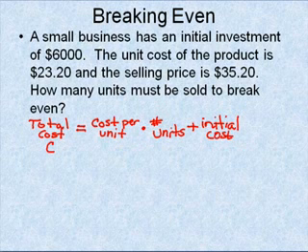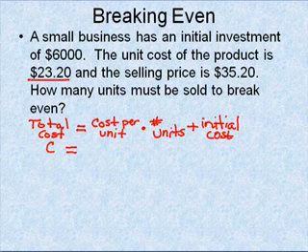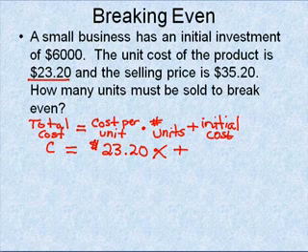So let's build our equation. C is going to equal the cost per unit, which is $23.20. The thing we don't know is how many units we need to produce. So that's going to be X, our variable, plus our initial cost, which is $6,000.